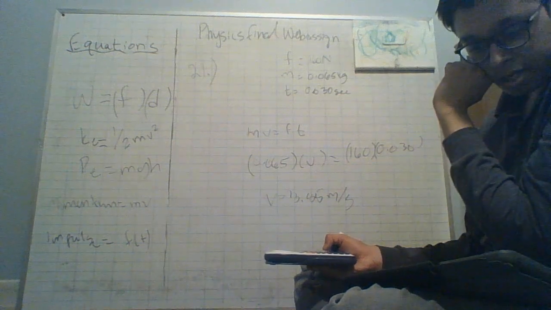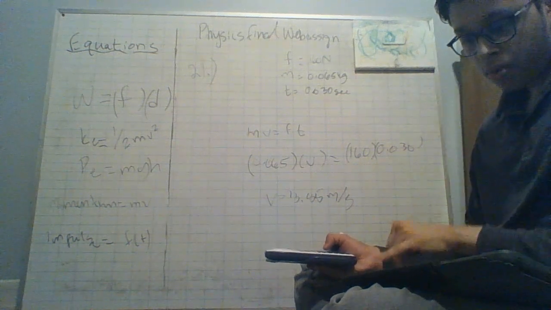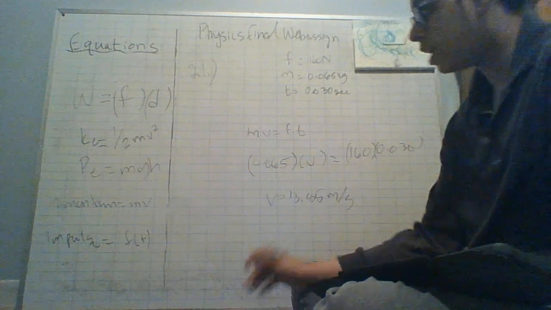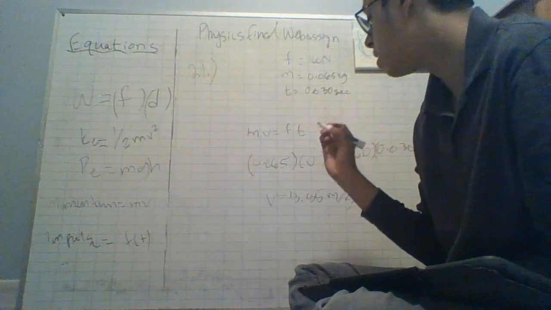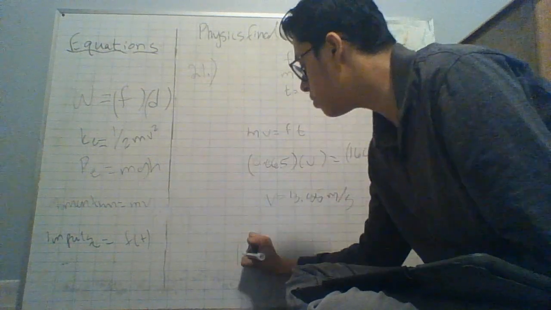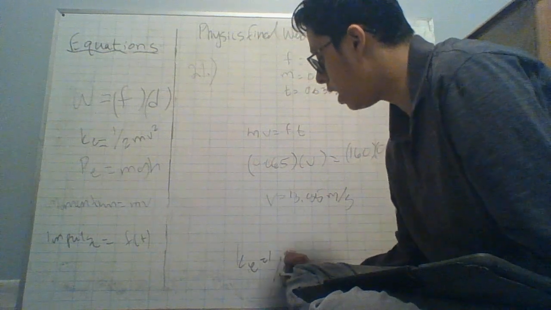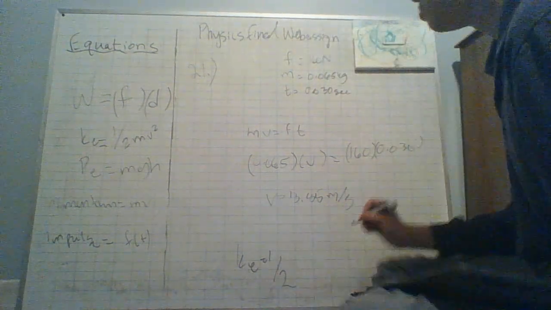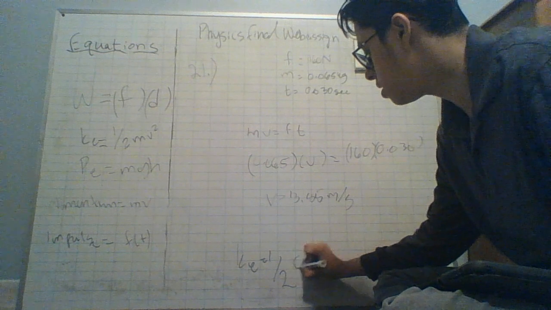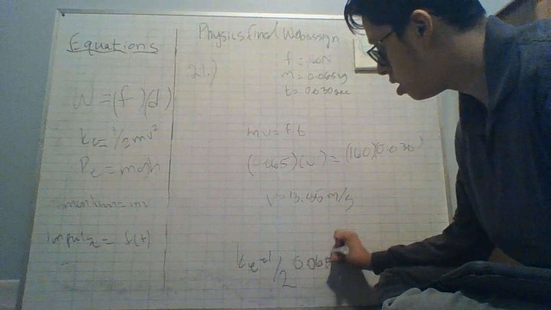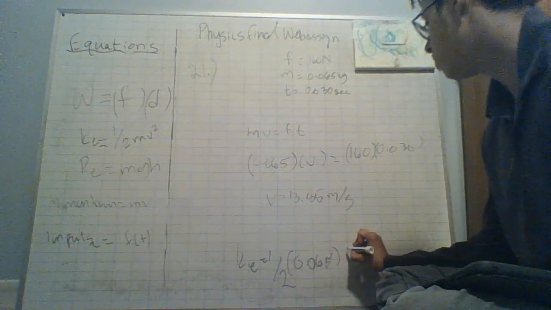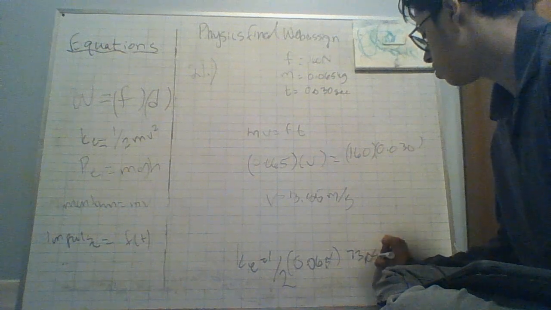Now we need to find what is the kinetic energy of the ball as it leaves the racket. So we need to find the kinetic energy. We're going to plug this into the kinetic energy equation. KE is equal to 1/2 m, which is 0.065, v squared, 73.085.